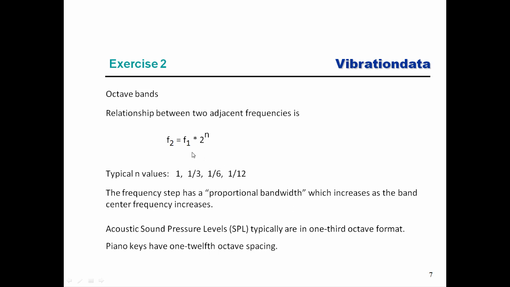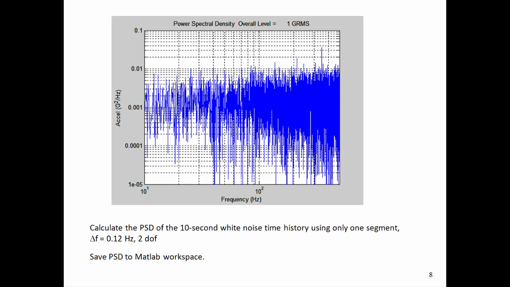And for those of you who may have had piano lessons or may have been musicians, if you count the white and black piano keys, that's a 1/12 octave band separation on the piano keyboard. And then when we get to shock response spectrum, we're typically going to use maybe 1/12 octave format. That's in an upcoming webinar.